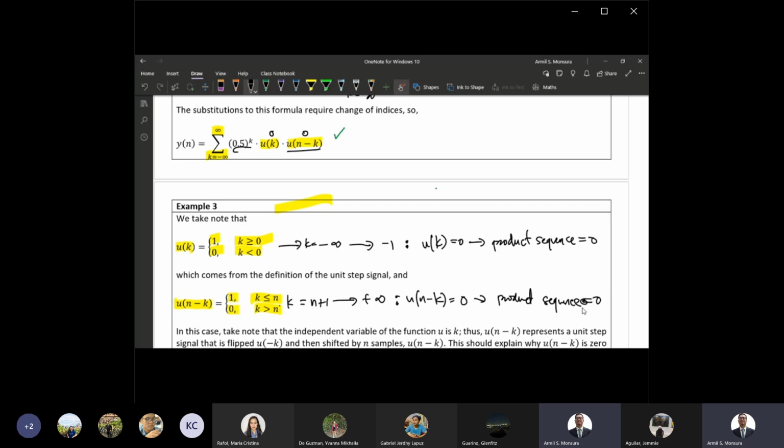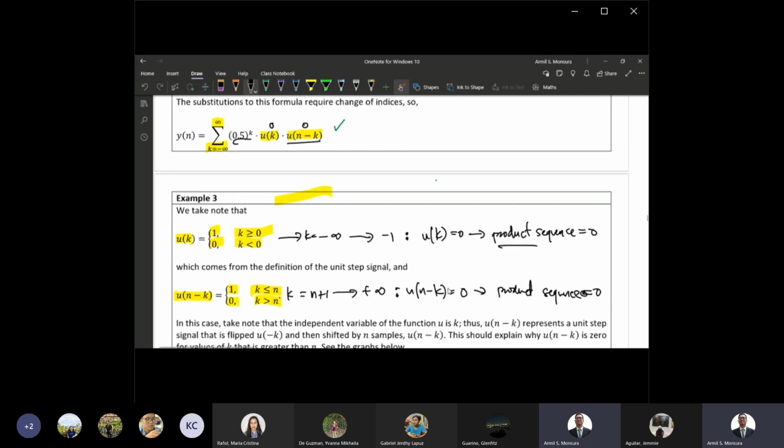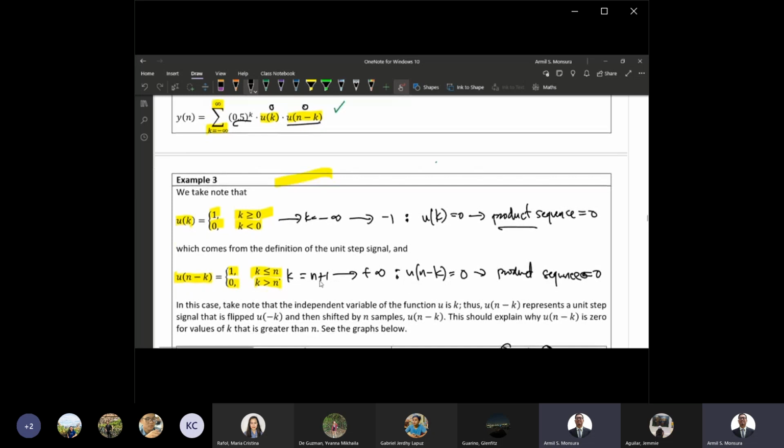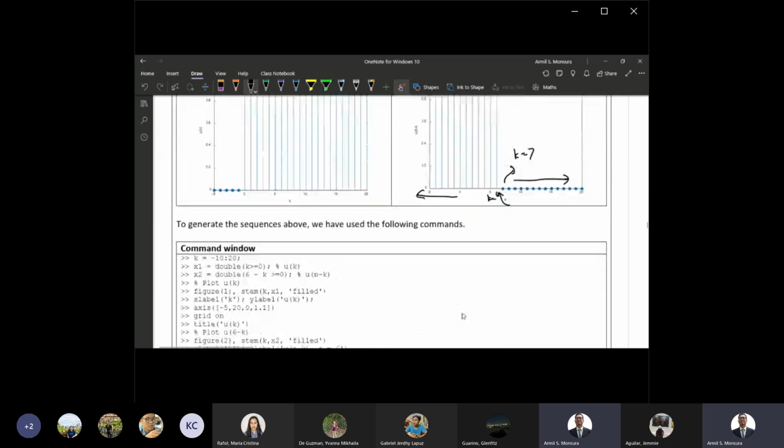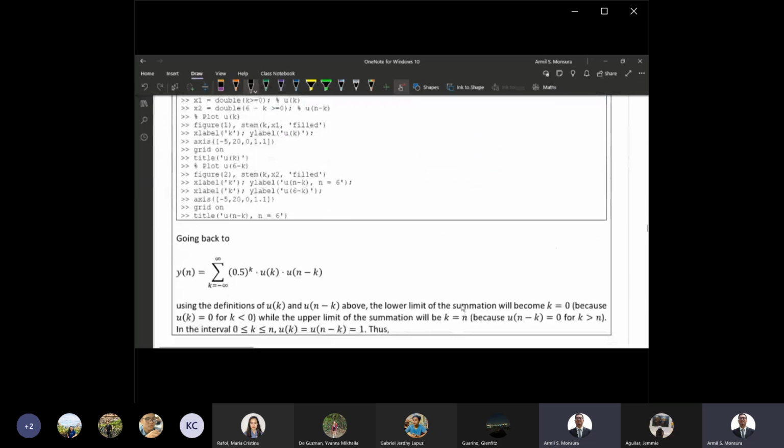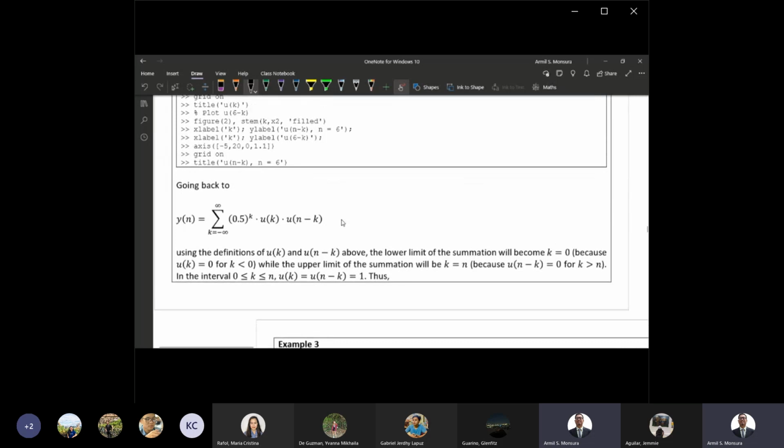So, ibig sabihin, from negative infinity hanggang negative 1, 0 yung product sequence niyo. And from n plus 1 hanggang positive infinity, 0 din yung product sequence niyo. So, ano nga yung mangyayari dun sa summation natin?